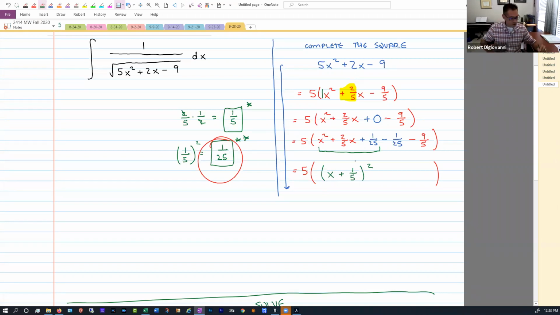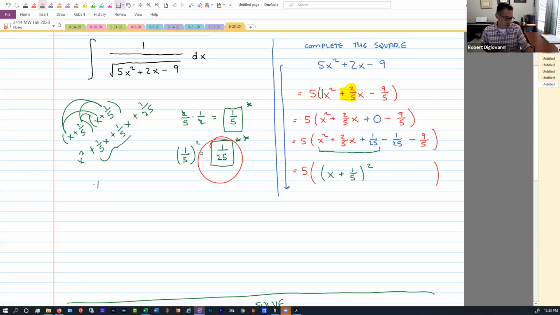In case you don't believe what we're doing, if I take x + 1/5 and I square it, I multiply it times itself, and I do this FOIL. And I collect these like terms together, you'll see that this matches this.